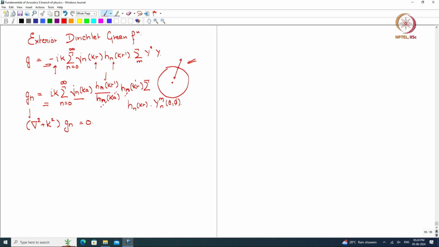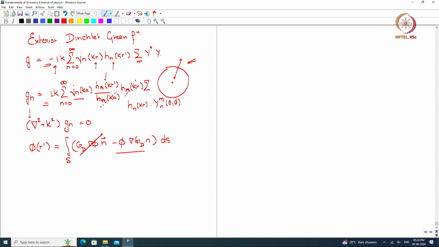Now if I have phi at r dash equal to the integral over a spherical surface of G_d del phi dot n minus phi del G_d dot n ds on a sphere, then this goes to 0 and I am left with this term over here.